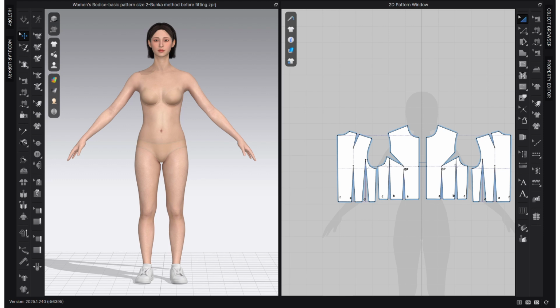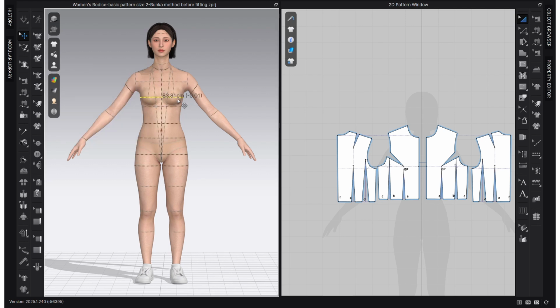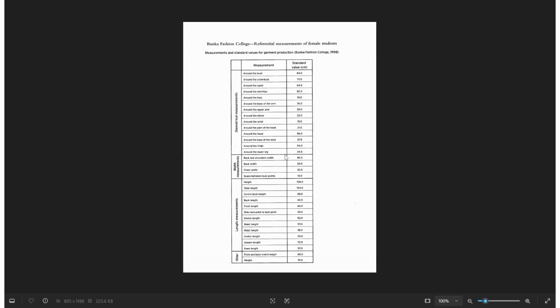To show you how it looks, I have made two basic patterns for two different avatars. One for a size 2 in which measurements are closer to Bunka's average women measurement. See, the chest is 83 and these are the measurements of the female model of the Bunka textbook.